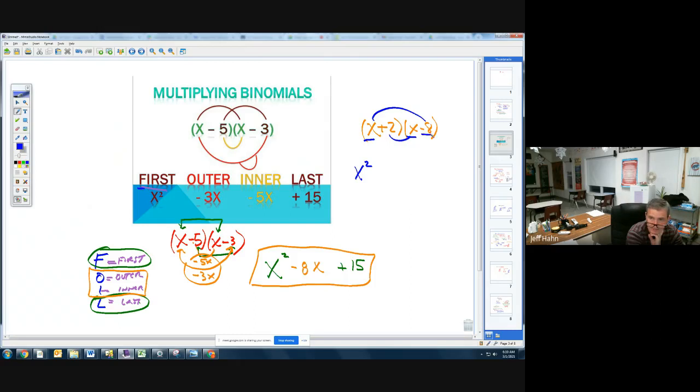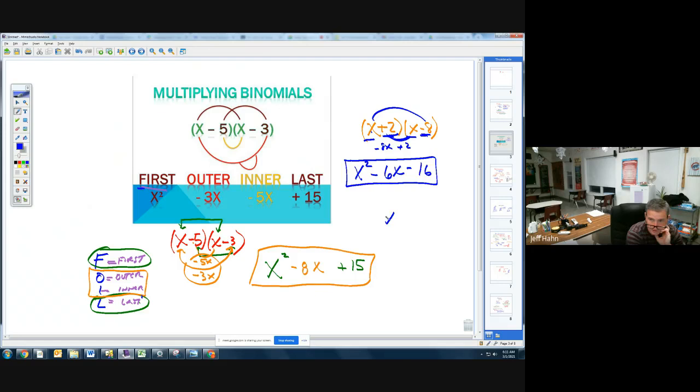The outside is a minus 8x, and the inside is a plus 2x. You put those together, you get a minus 6x. And your last term comes with what you get when you multiply the 2 times the negative 8, which is minus 16. That, ladies and gentlemen, is FOIL.